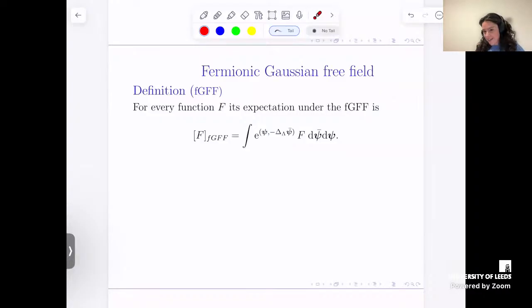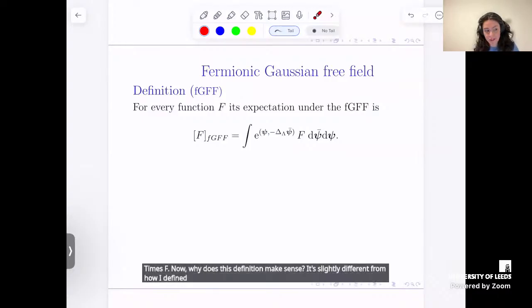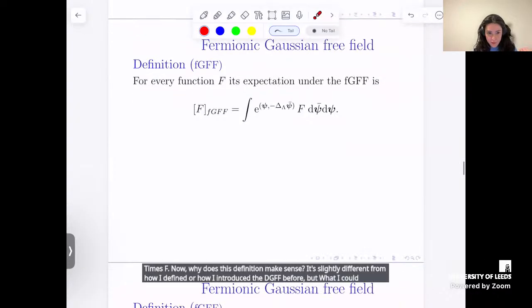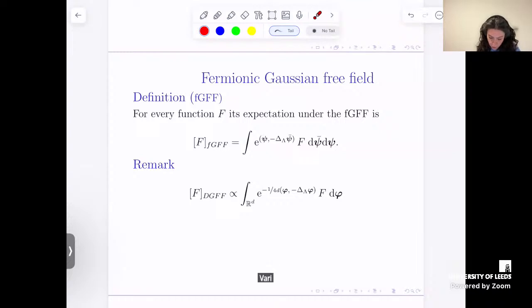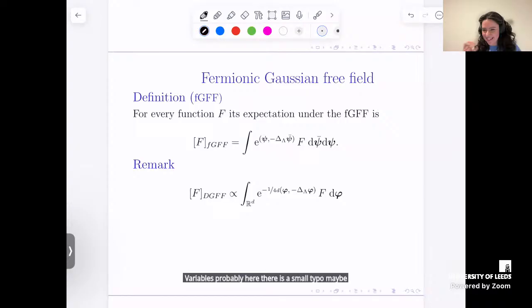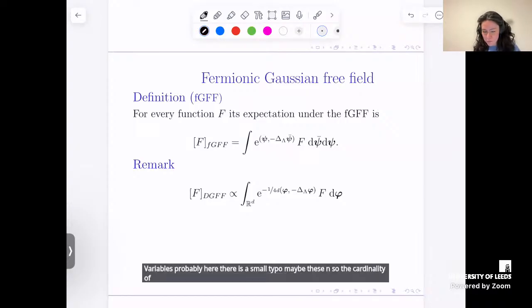Now, why does this definition make sense? It's slightly different from how I introduced the DGFF before, but what I could have told you in the previous slide is that you give me a function f of my DGFF variables. Probably here there is a small typo, maybe the cardinality of the set lambda.